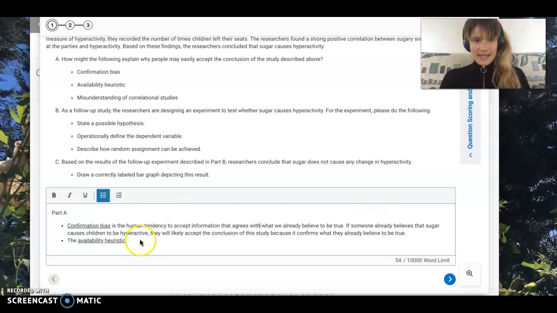Okay, next up is the availability heuristic. This is a mental shortcut that allows us to make decisions. So heuristic is a shortcut, and the availability heuristic is basically that we tend to think about things that pop into our mind first.